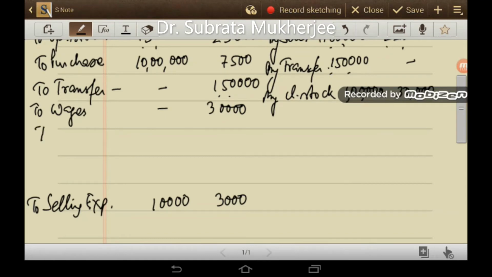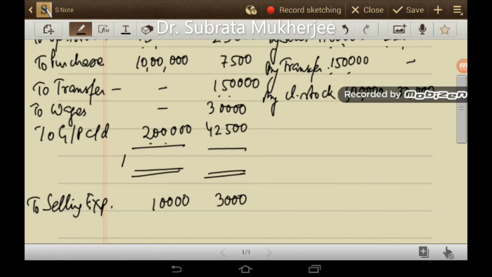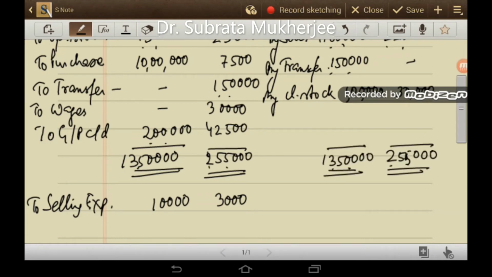So the gross profit we have calculated at 2 lakh and 42,500. So both side total will be 13,50,000 and 2,55,000.